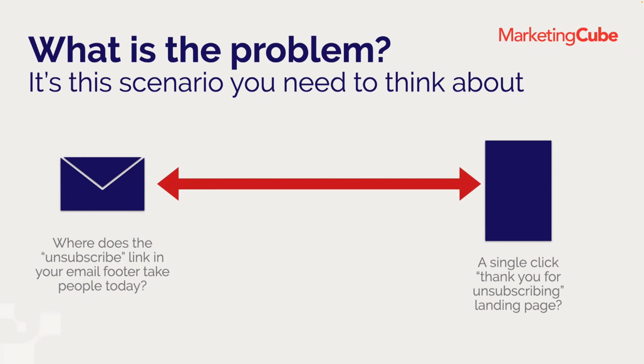And that's the problem because what's happening is an increasing number of IT departments within certain businesses and organizations are using bots to not only look for viruses and those sorts of things, but they're actually clicking on every link in an email to validate that it's a real link.